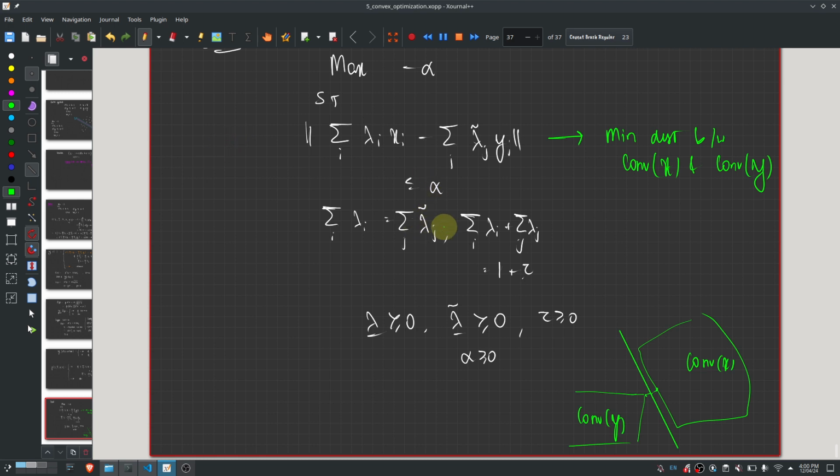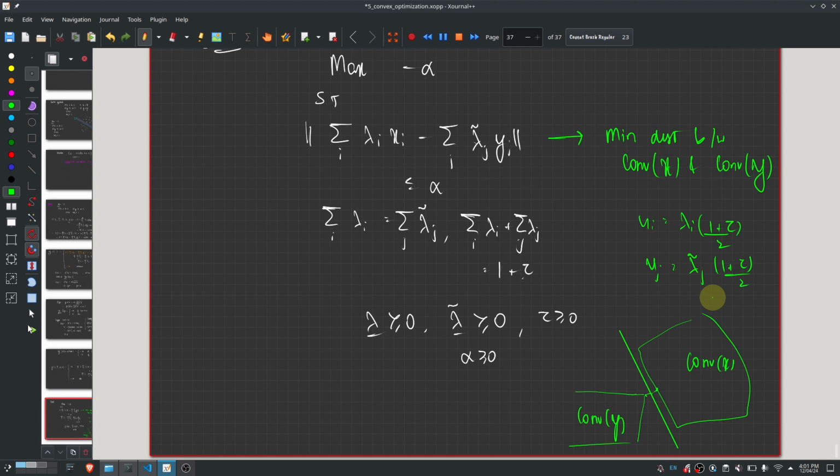Another way to say that is I define some ui to be equal to lambda i times 1 plus tau by 2, and vj to be lambda tilde j times 1 plus tau by 2.